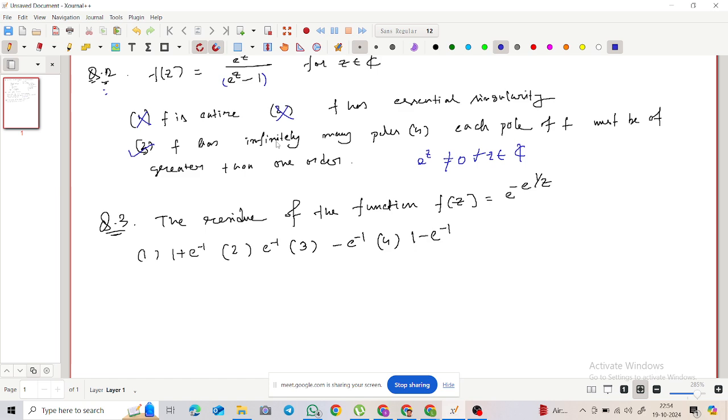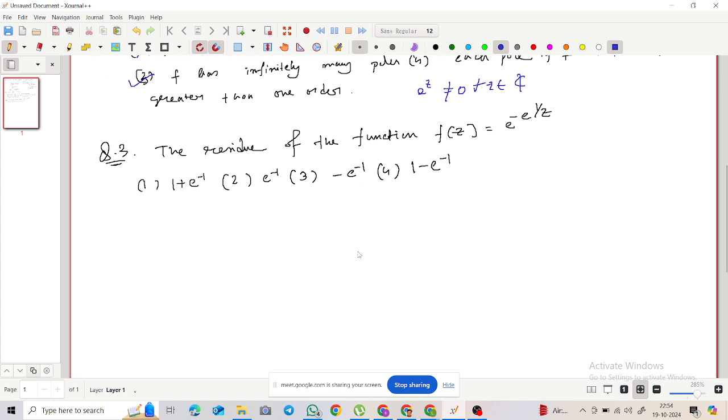And what about the next one? Option C. How did you do it? I expanded it, and took the coefficient of 1 by z. Yeah, very bad computation, I think. At least brief it. So how did we do it?